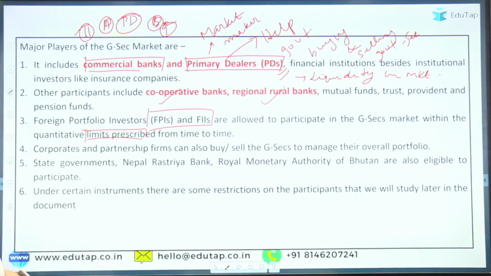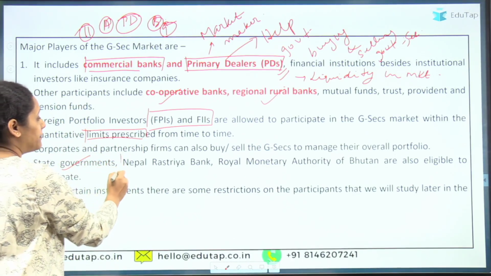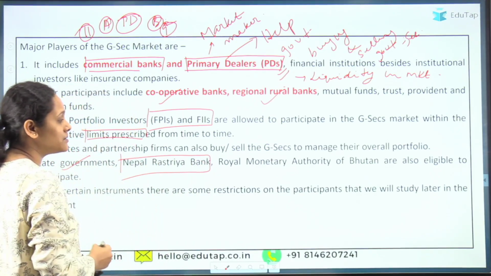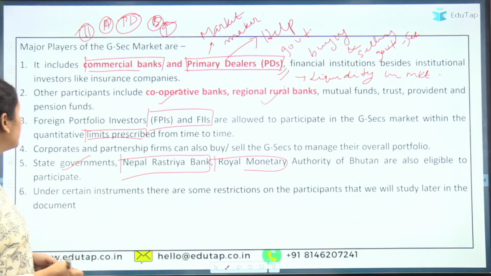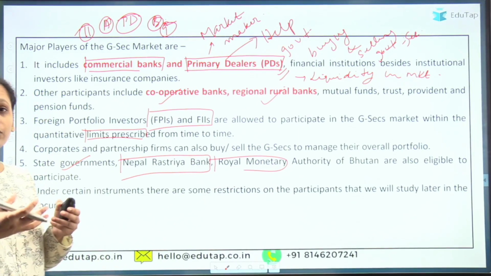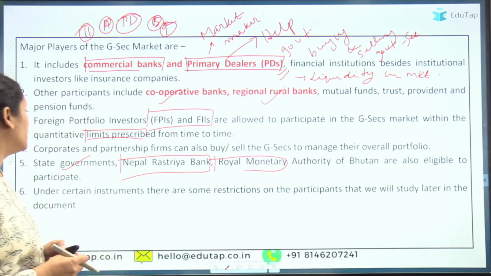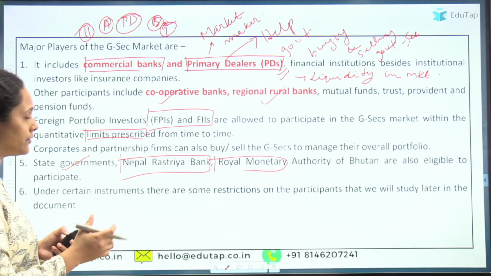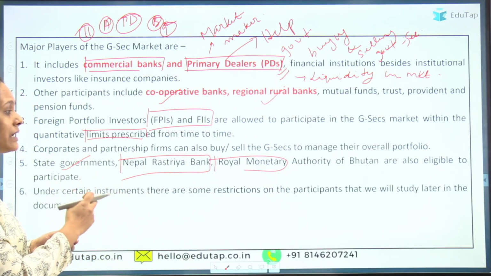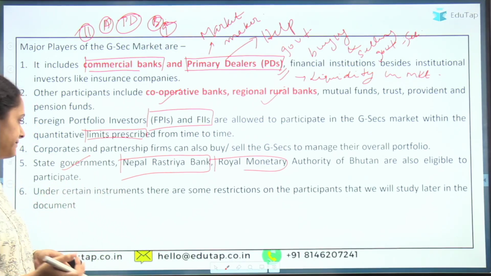Apart from this, the major players are state governments. Nepal Rastra Bank and the Royal Monetary Authority of Bhutan can also participate in the GSEC market. In a few situations, the participants are restricted, and we'll discuss this further.